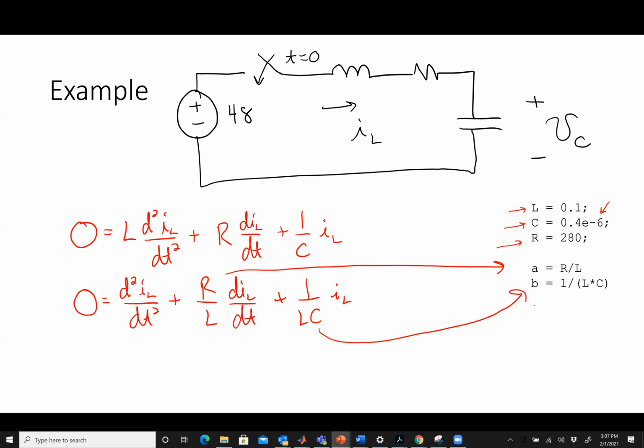And if, for instance, I entered 4 microfarads by accident instead of 0.4, I can very easily rerun everything and see what happens. Any questions about what I've got here? Okay, so that's what I've got for step 1.